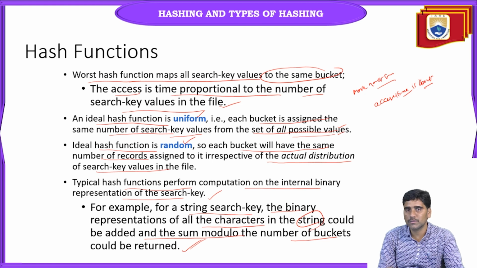But in the random hash function, each bucket will have the same number of records assigned, irrespective of the actual distribution of search key values. So those are the two types of hash functions, uniform and random.